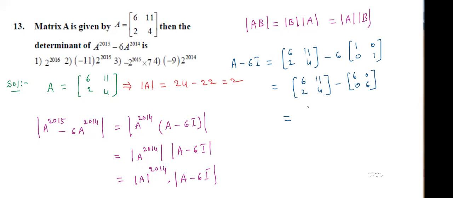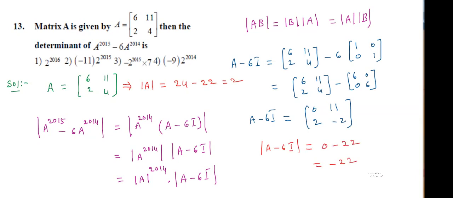Calculate this. 6 minus 6, 0. 11 minus 0, 11. 2 minus 0, 2. 4 minus 6, minus 2. This is the A minus 6I value. Then find the determinant of A minus 6I value. AD minus BC, that is equal to minus 22.